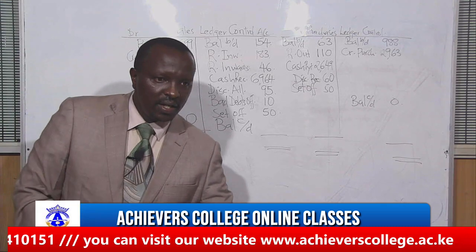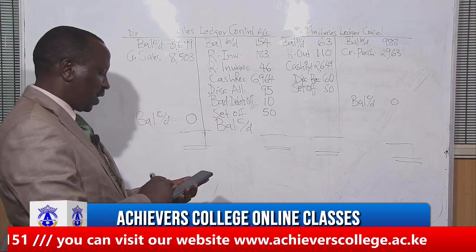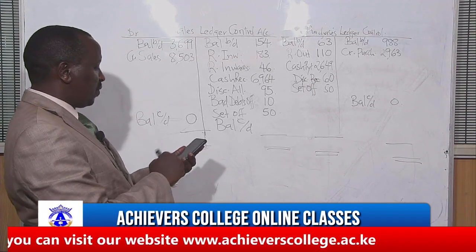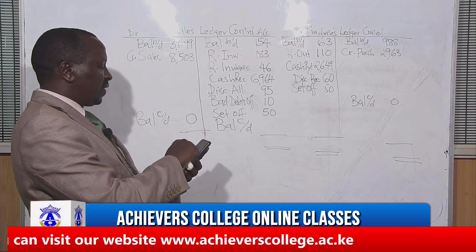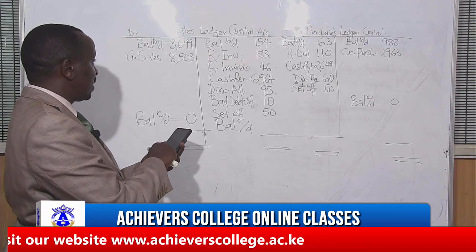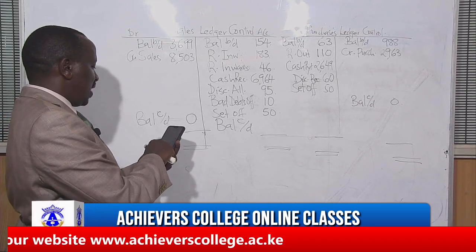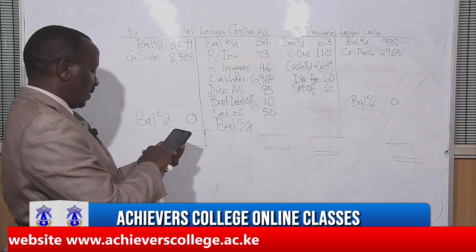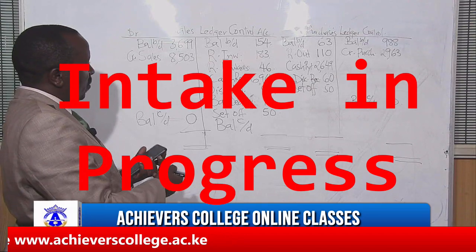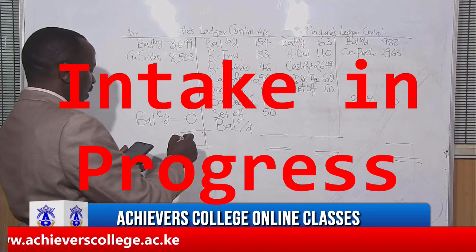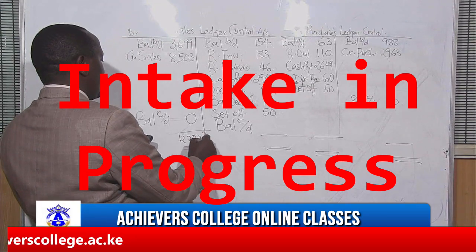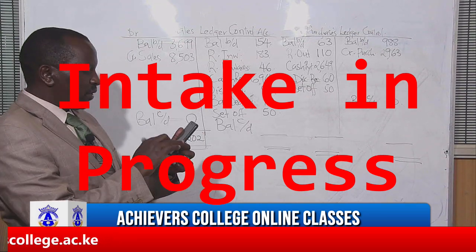Now if you get into balancing the control account, you'll allow me to do it. Control accounts, if you have to balance it, this is how it should be. We say that 699 plus 8503, this one gives you 12,202.